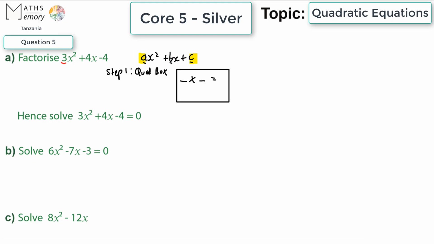So a times c would be 3 times minus 4, which is minus 12. And we want 2 numbers that add up to get the middle coefficient, which is b, which actually is over here, plus 4.